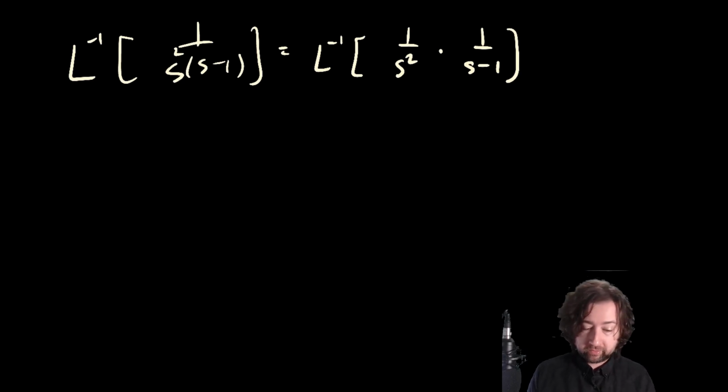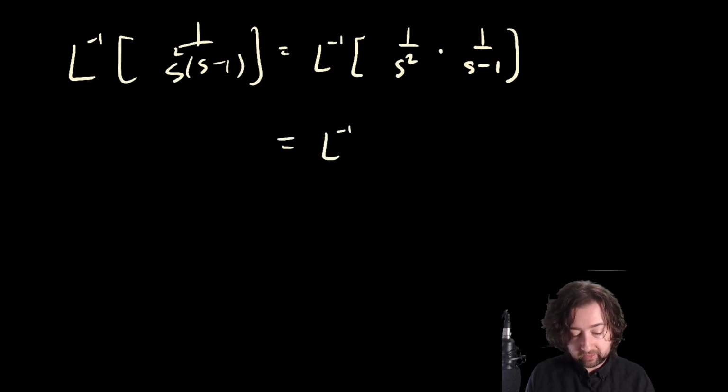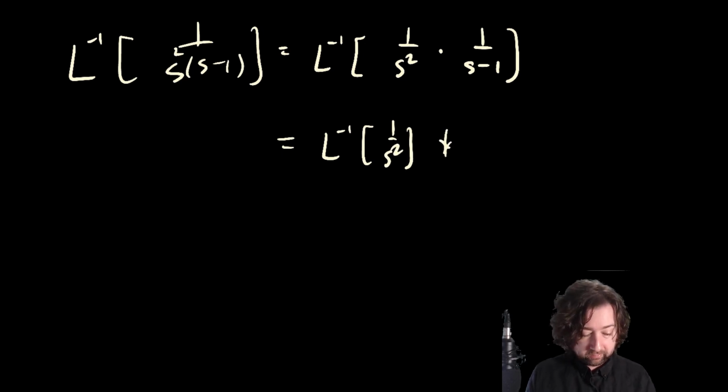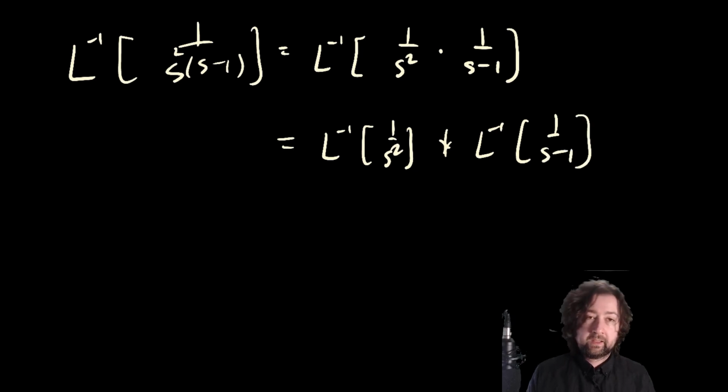What the convolution theorem says is that this is equal to the inverse Laplace transform of 1 over s squared convolved with the inverse Laplace transform of 1 over s minus 1. Since the inverse Laplace transform of 1 over s squared is the function t, and the inverse Laplace transform of 1 over s minus 1 is e to the t, this is a t, and this is an e to the t.